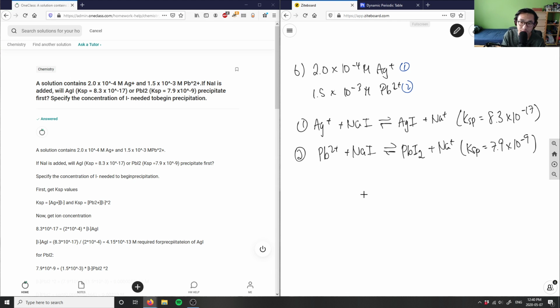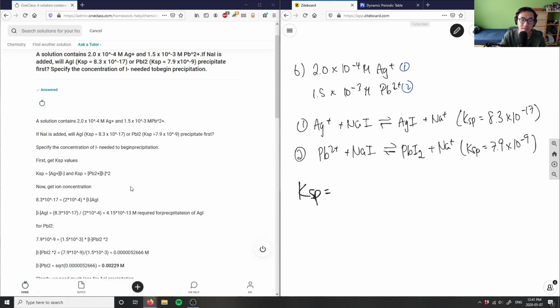I can write our KSP equation here. KSP equals our silver times our iodide, and the KSP for the lead iodide would be our Pb2+ and I-, right? So we have these KSP values here.